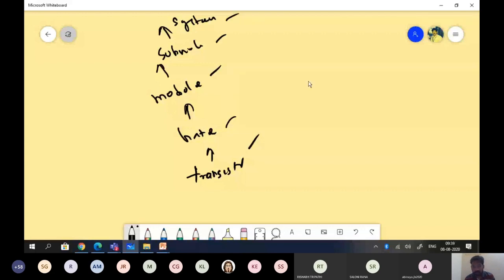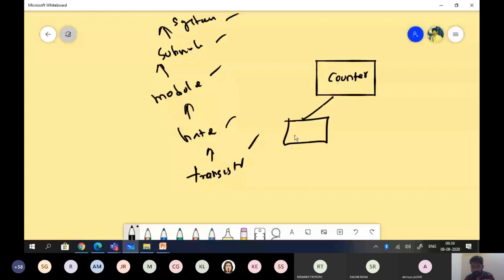Okay. And what do you mean by hierarchical modeling? That means in your HDL, for example, you have a counter. Now this counter again can be designed using T flip-flops, right? Again, this can be done using a D flip-flop and a NOT gate.